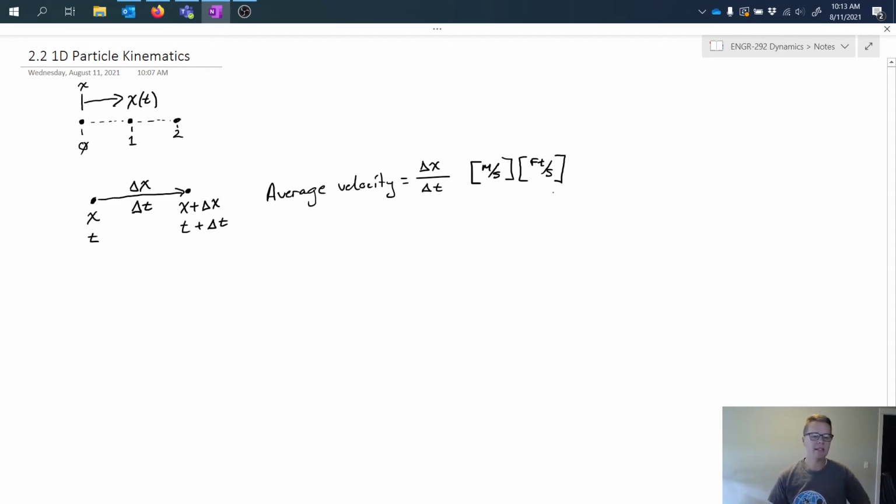Now, as the time over which I measure the position of my particle gets smaller, that velocity approaches the instantaneous velocity.